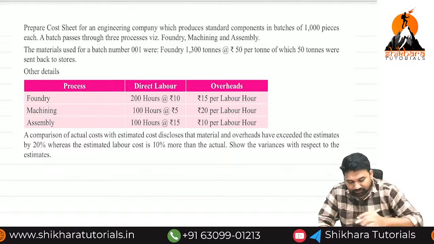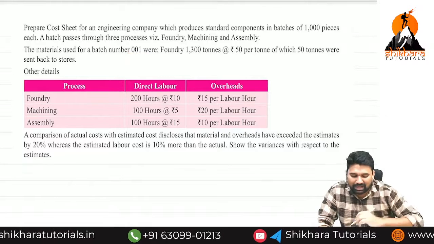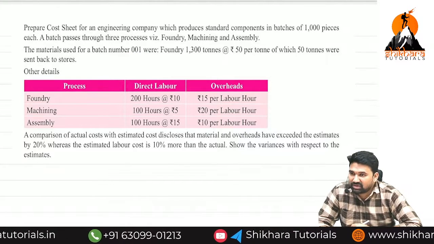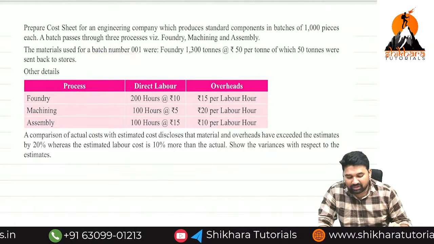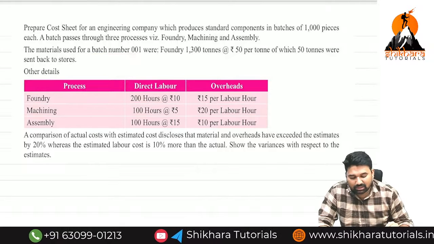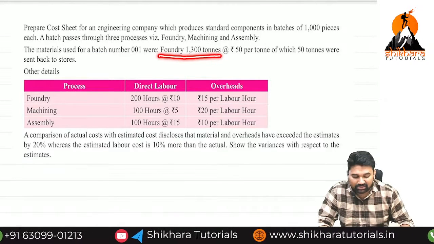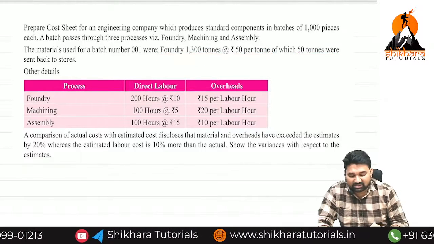Next, batch number 001 is the batch number. So he is furnishing the details of batch number 001, and the material consumption is foundry 1300 tons at 50 per ton, of which 50 tons were sent back to stores.